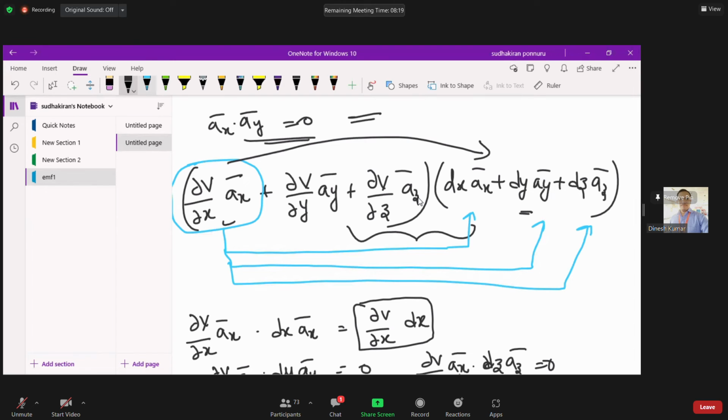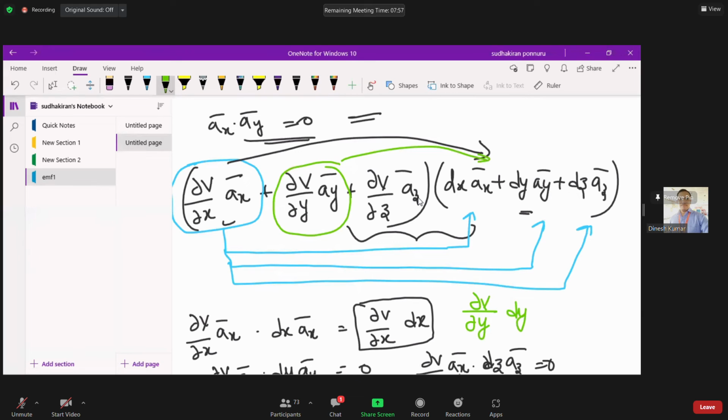Similarly, if you take the second term and do the product with all the terms, that is dx ax bar plus dy ay bar plus dz az bar, you will get only one term. That term will be dou v by dou y into dy.